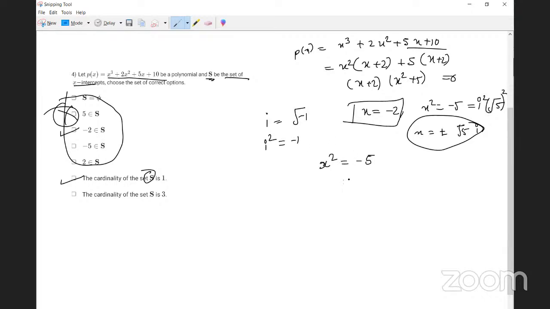So I can replace this minus sign by i square, and I can write this 5 as the square of root 5. Then, taking the square root, simply x equals plus or minus root 5 i.